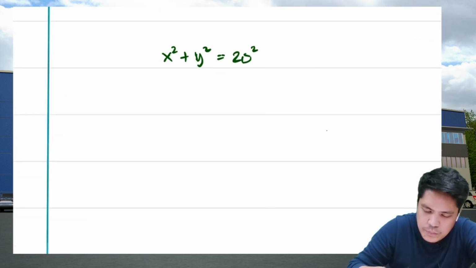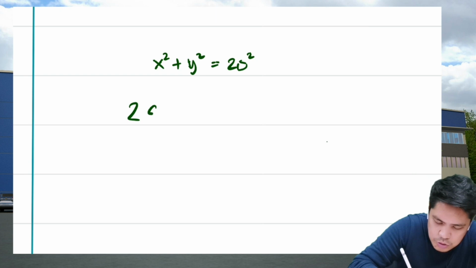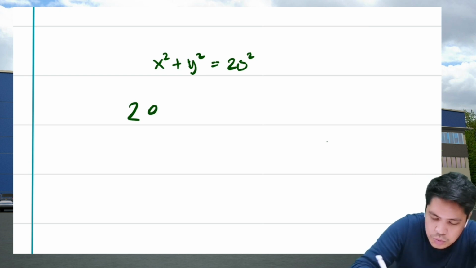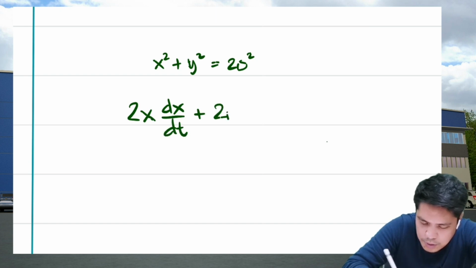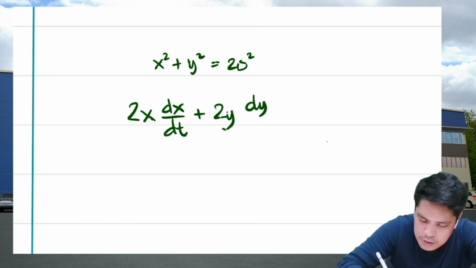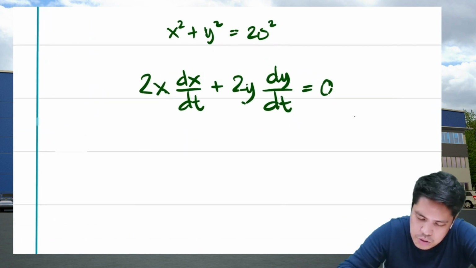Okay? Now, if we get the derivative of this function with respect to time, that would become 2x, implicit, 2x dx over dt plus 2y dy over dt is equal to 0.